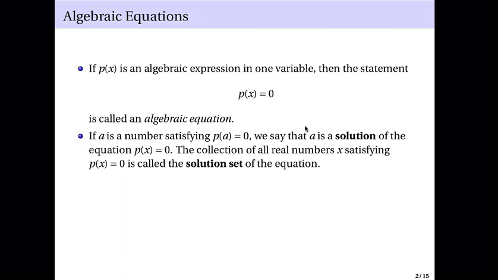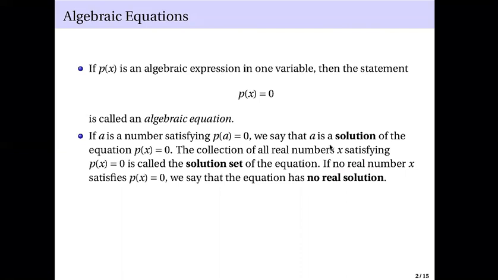But in this course, we will only be dealing with real numbers. Now, if no real number x satisfies p of x equals 0, meaning we cannot find any real number satisfying the equation, we say that the equation has no real solution.